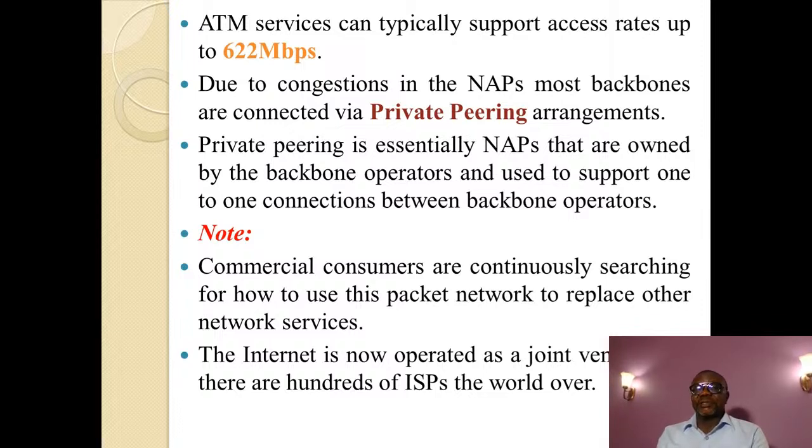Just like we see in the drawing, if backbone 1 has sufficient connection interest with backbone 2, two of them can agree and have a private peering arrangement so that their traffic will not have to go through the network access point to avoid possible congestions.